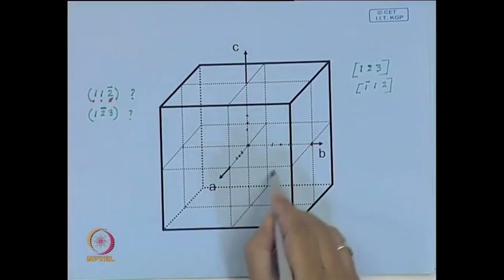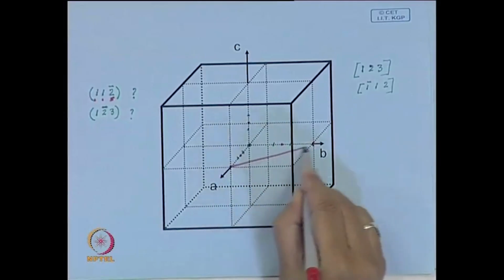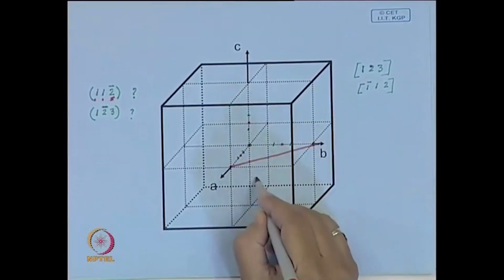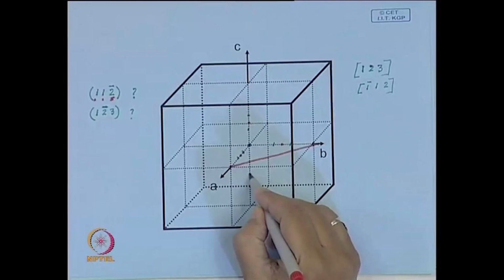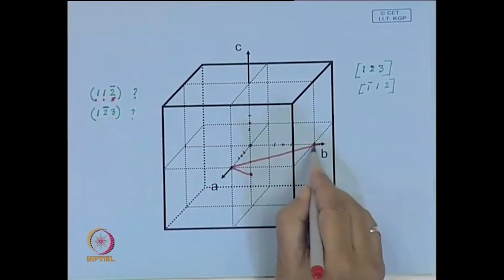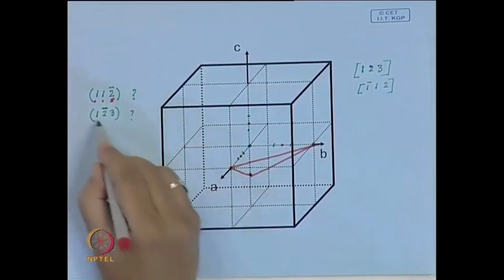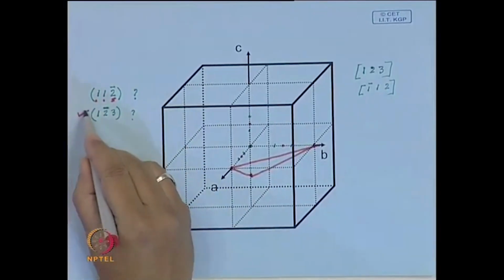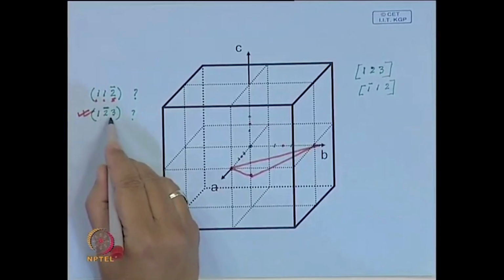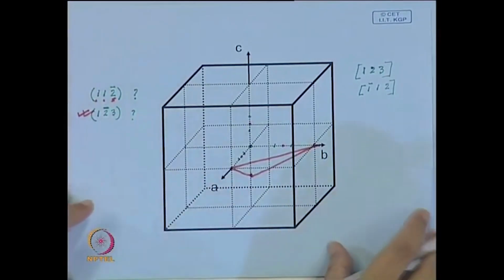So, half along C. So, this is A, B and C is somewhere along the C axis negative direction. So, this is this. In the same way, you try to locate this plane 1, 2 bar, 3.